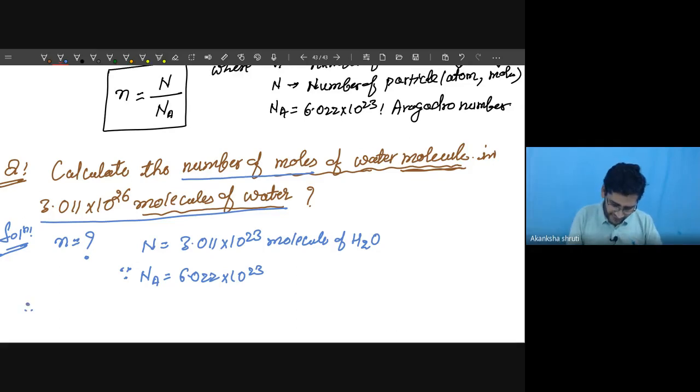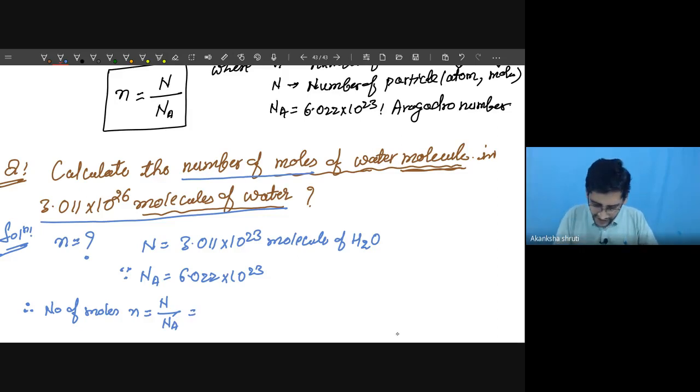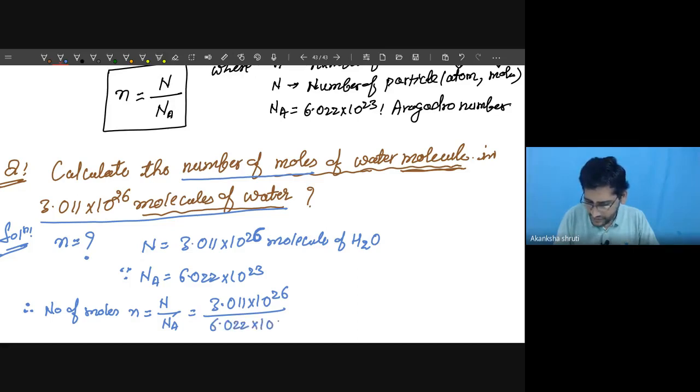So therefore, the number of moles can be calculated by dividing the given number by the Avogadro number. Just put in 3.011 into 10 to the power 26, students. Here we have taken the 26, so we need to take that 26 here, divided by the Avogadro number, 6.022 into 10 to the power 23.